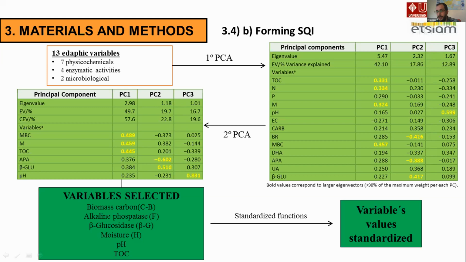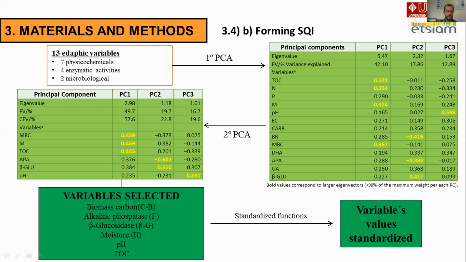You can see here that we obtain a high value for moisture, for pH, for some enzymes, etc. But we make a second principal component analysis to reduce these 8 variables that we obtained down to just 6 variables that we selected, that at the end were the microbial biomass carbon, the alkaline phosphatase, the beta-glucosidase, the moisture, the pH, and the total organic carbon.